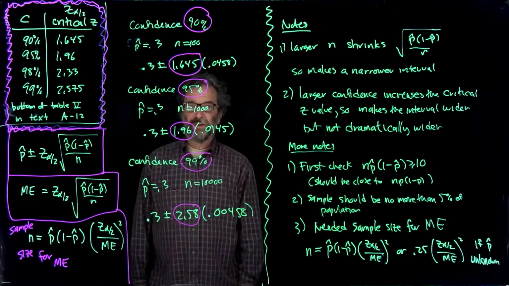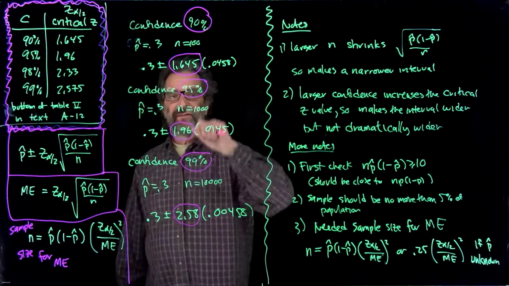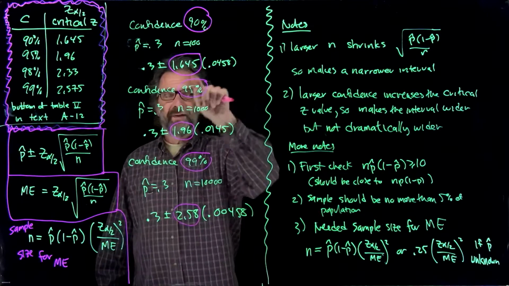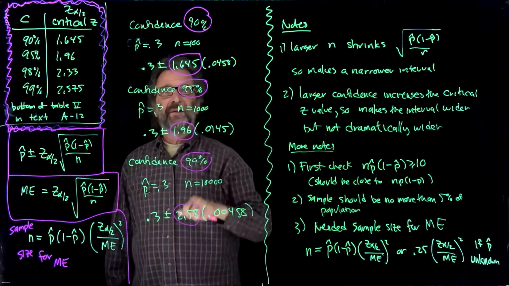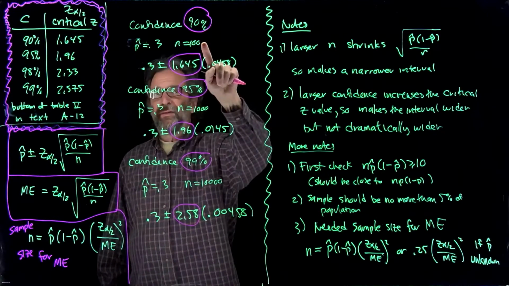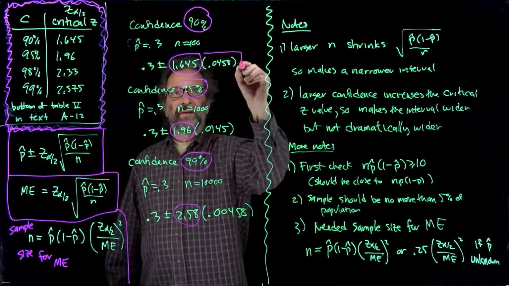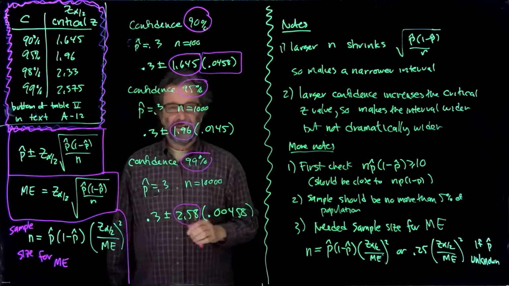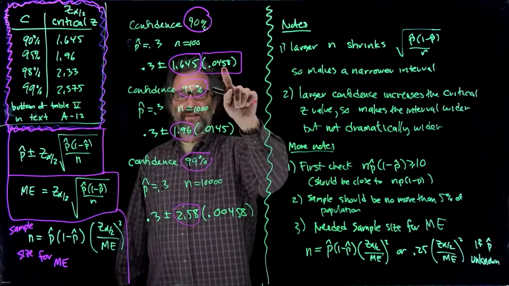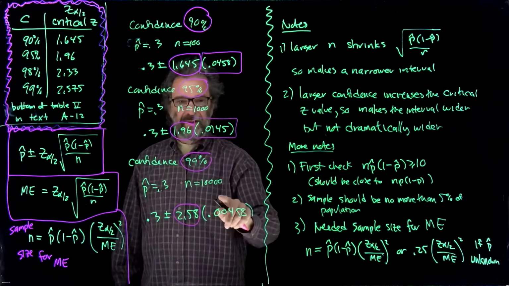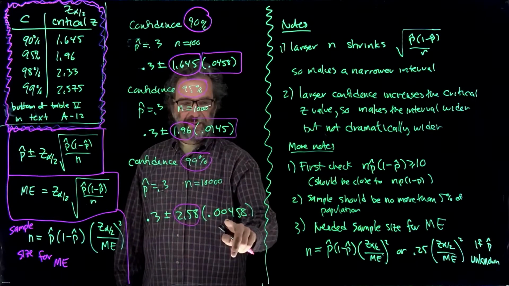Okay. So if you multiply n by 10, the margin of error is only divided by about 3 each time, the square root of 10. So with 100, with this p hat, when I compute this thing here, I get 0.458. And then if I do 1,000 instead, that gets divided by 3. And if I do 10,000 instead, that gets divided by 3 again.